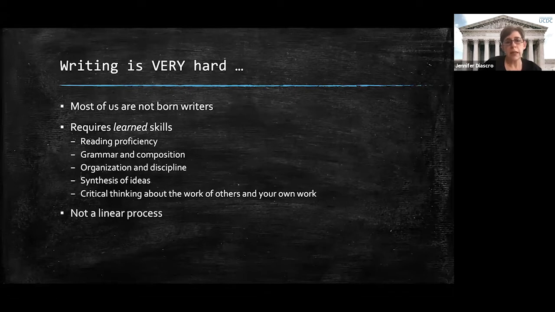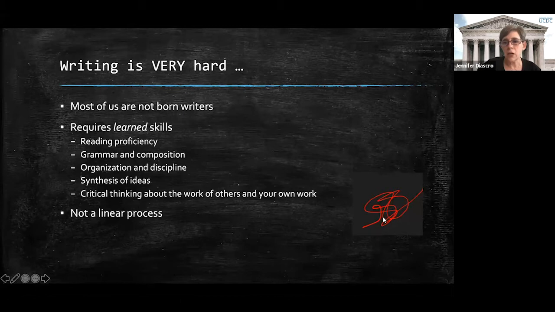This is not a linear process either. So many of my students think that you start at point A and then you get to point B, and there's kind of this upward progression in the writing process. And there isn't. It mostly looks like this. Yes, that is a drawing that I made all on my own. It has a starting point, which is nice. And it does have an ending point, which I usually get to at some point.